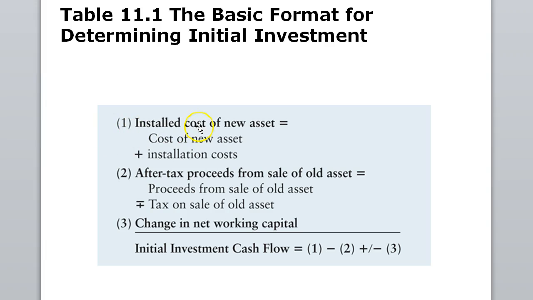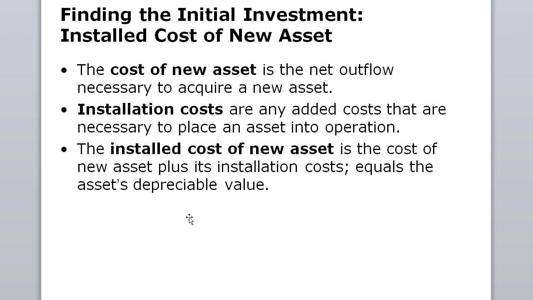So we would take the initial costs, we'd minus out whatever the proceeds are from the sale of the old asset, and then the change in working capital would be added or subtracted depending if that change is positive or negative. And we're going to talk about working capital in a minute. In a little while, we'll discuss working capital more fully.